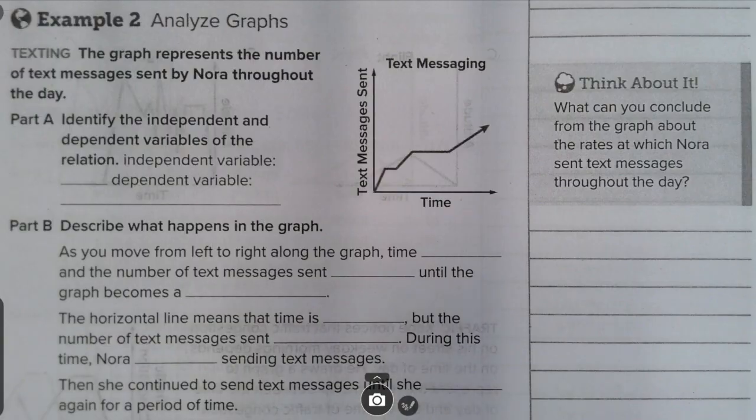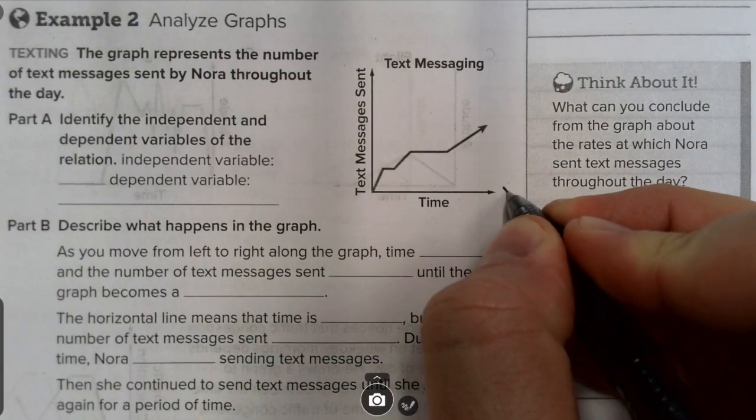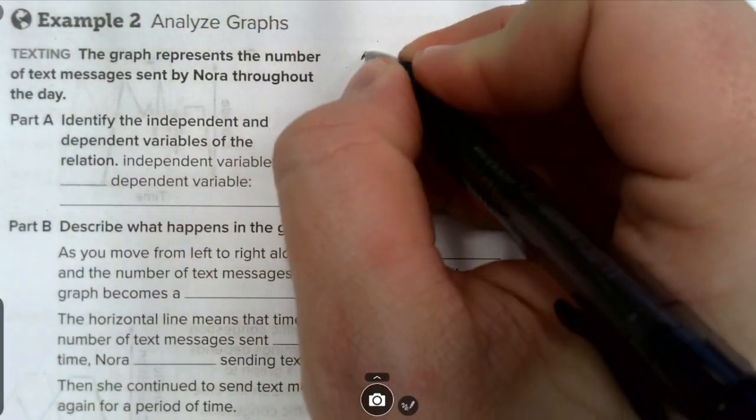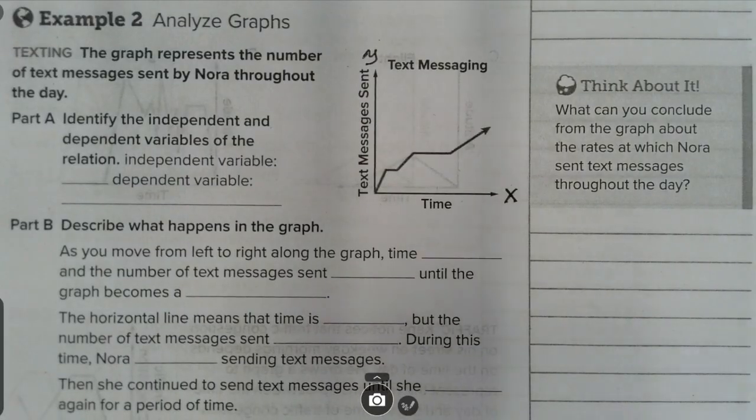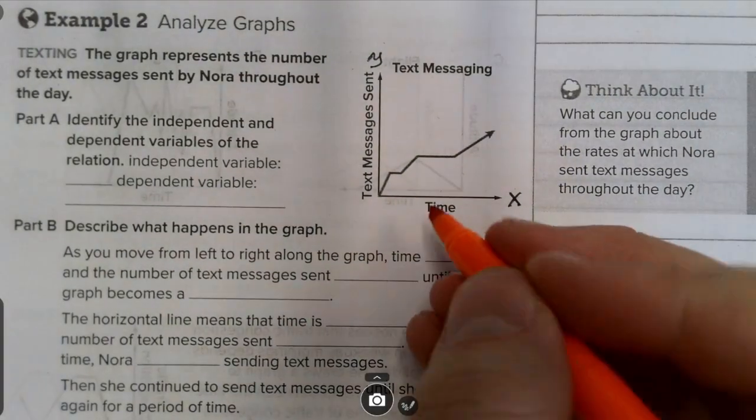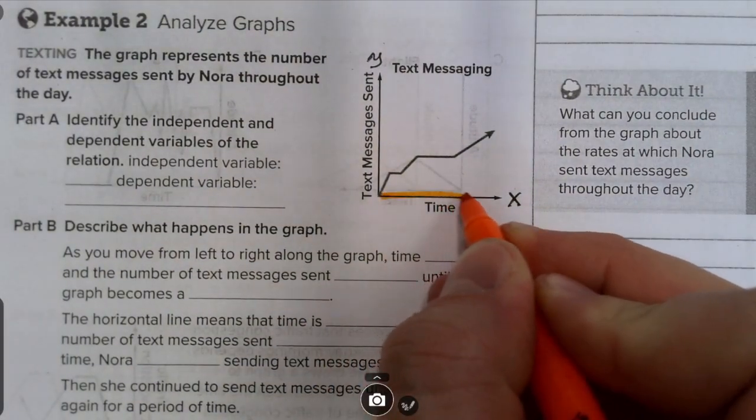The graph represents the number of text messages sent by Nora throughout the day. Identify the independent and dependent variables of the relation. Well, this is our x-axis, and this is our y-axis. From what we talked about, the independent variable is attached to the x.